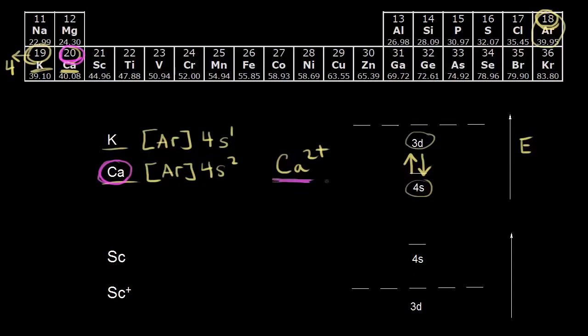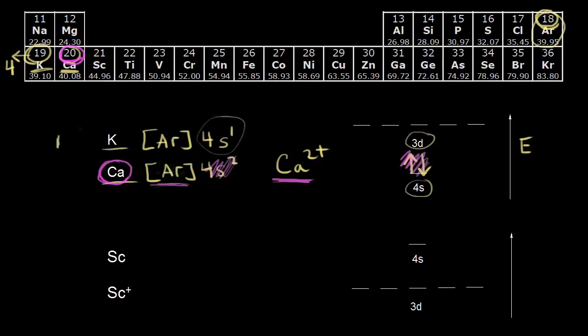The 2 electrons that we would lose to form the calcium 2 plus ion are these 2 electrons right here in the 4s orbital. And so the electron configuration for calcium 2 plus would be the same as the electron configuration for the noble gas argon here.